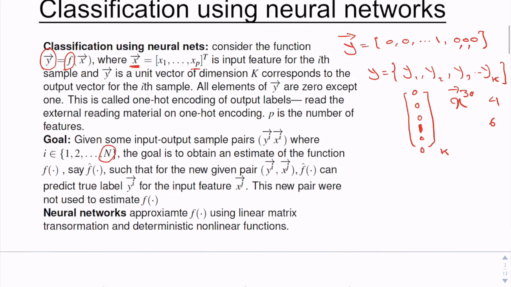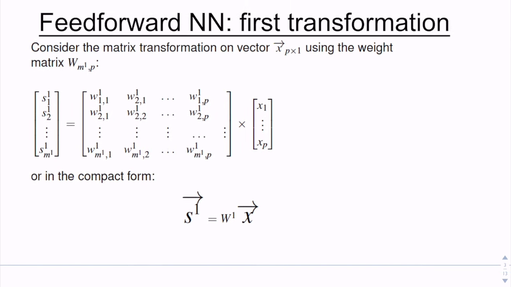So the first process in a neural network is transforming the input feature to another vector, another representation, using a matrix transformation. When we talk about linear algebra, if you multiply a vector by a matrix, basically you do some sort of transformation to that vector.